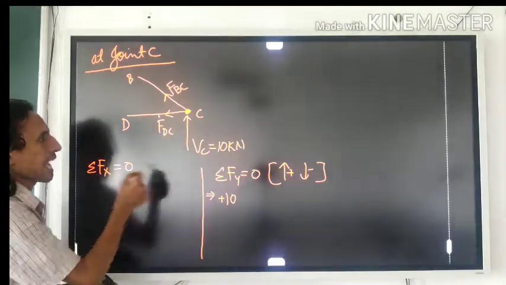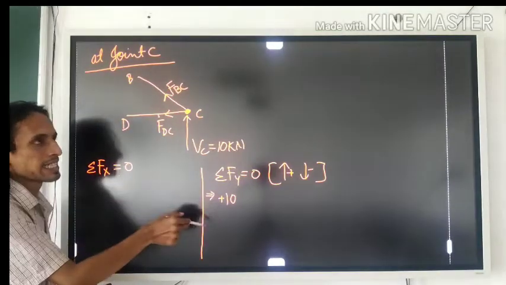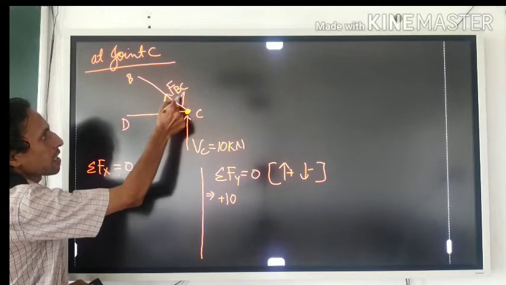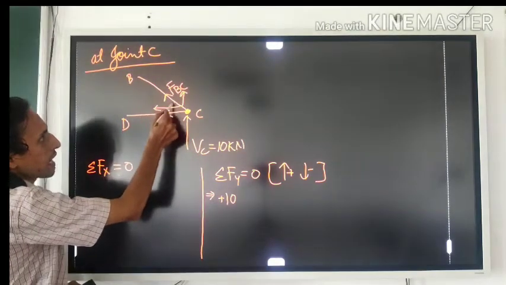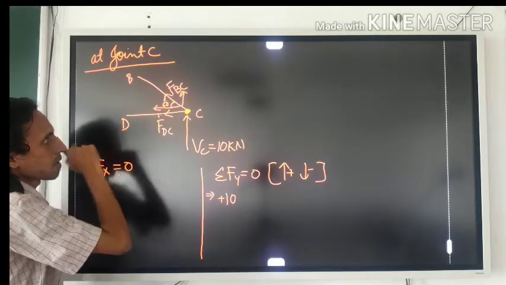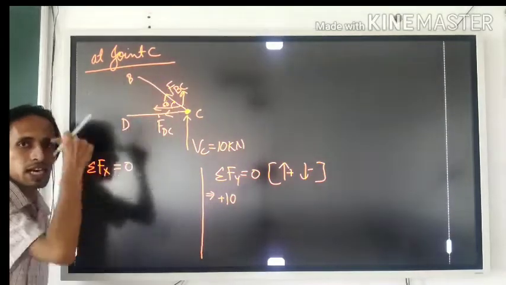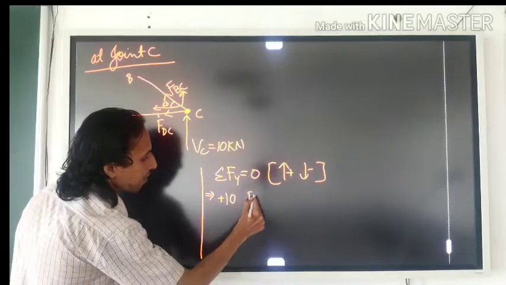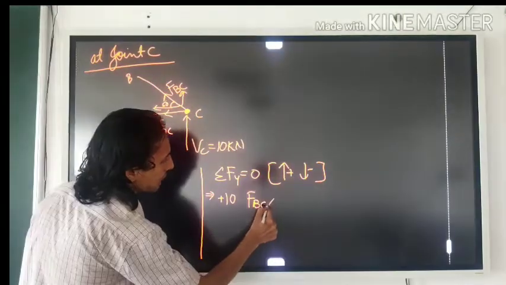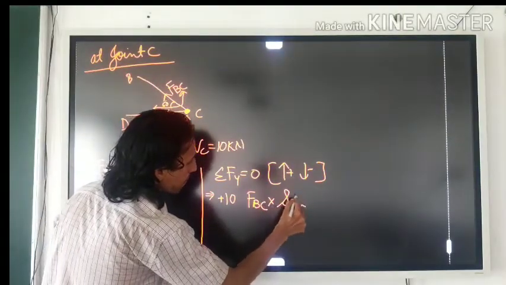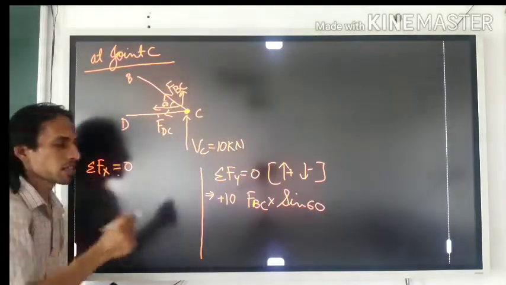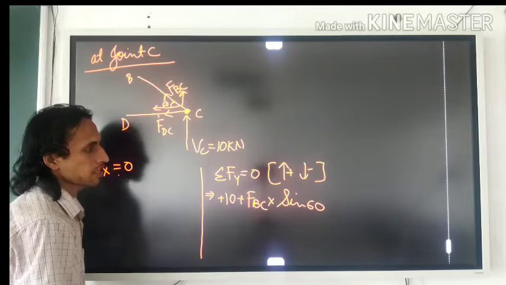Then DC is in x direction, so we will not write it in the equation. Then BC, what will be the component here? This angle is 60 degree. So the component is FBC into sine 60. What is its direction? Upward, so it is positive.